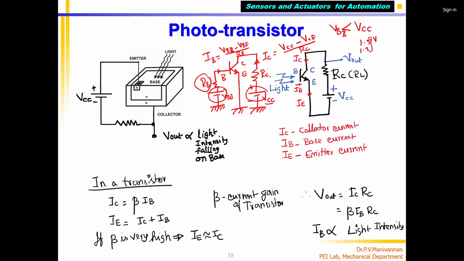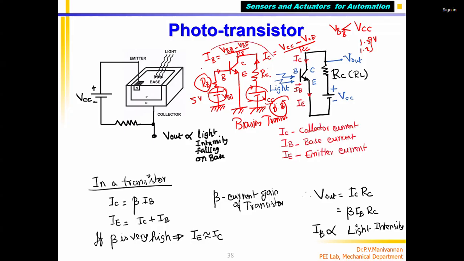That means if my VB is 5 volts, VCC should be 6.5 volts minimum. Only then will the transistor conduct. Supplying this VCC and VBB through the resistor is called biasing the transistor.